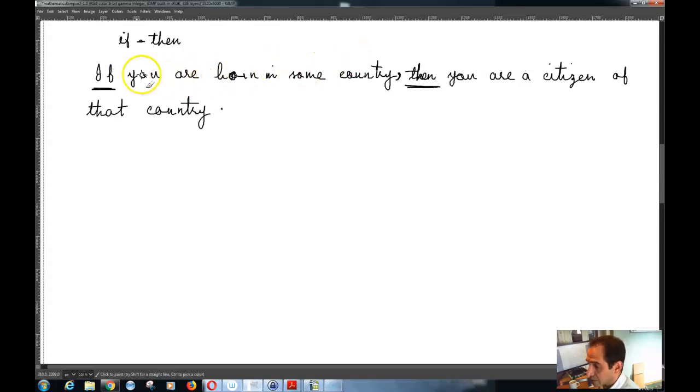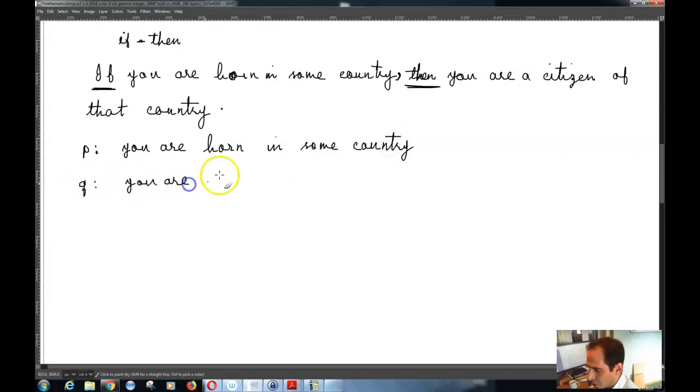You can say that this statement corresponds to two statements P and Q. P being you are born in some country, and Q being you are a citizen of that country.